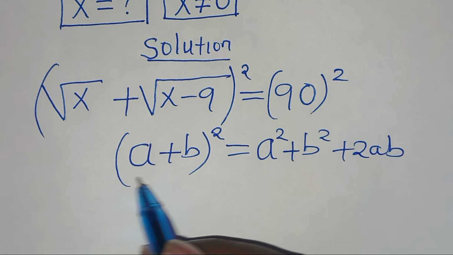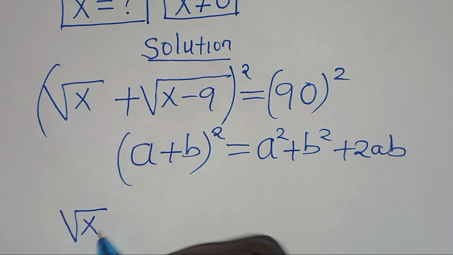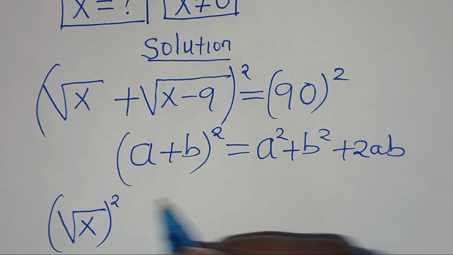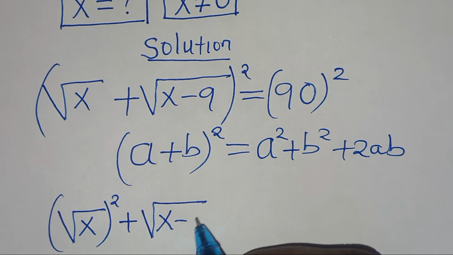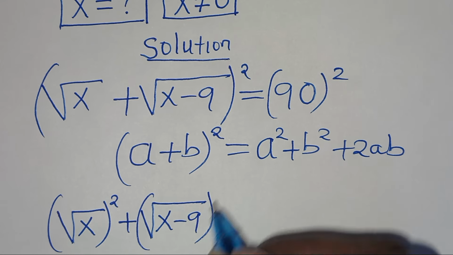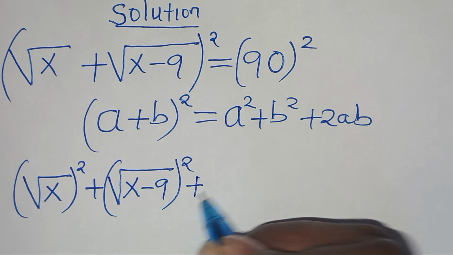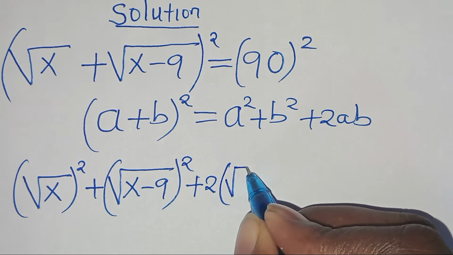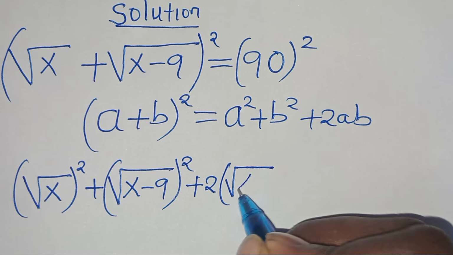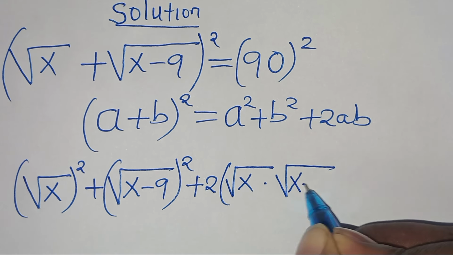Now applying this algebraic identity, we have square root of x raised to the power of 2, plus square root of x minus 9 raised to the power of 2, plus 2 into the parentheses, the square root of x multiplied by square root of x minus 9.